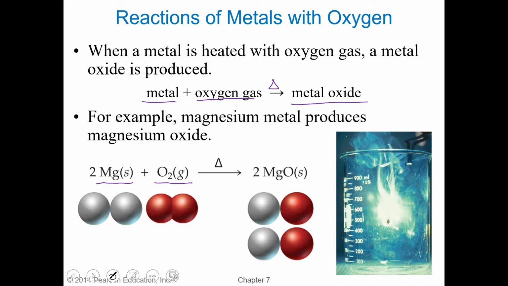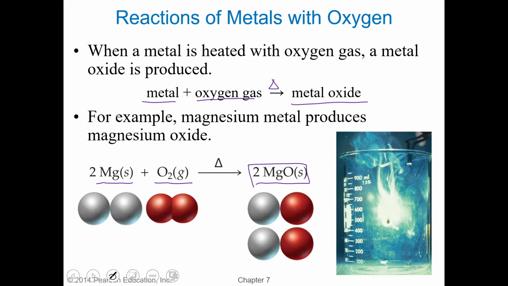And oh, don't forget about hydrogen. So there are 7 of them that make the shape of a 7 on the periodic table. Don't forget, because if it says oxygen gas, you know it's a diatomic in its free state, in that O2 form. So you'll get, in the end, magnesium oxide.